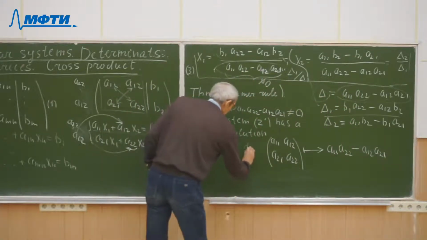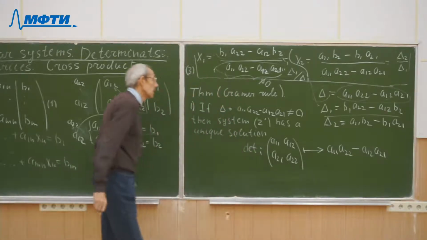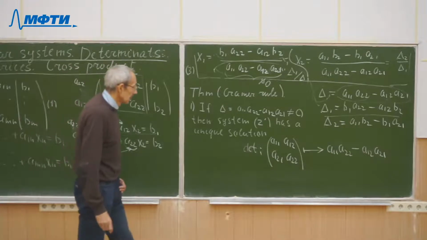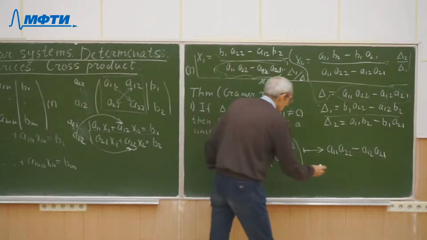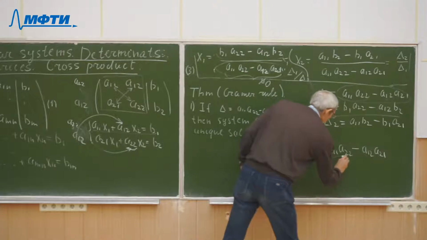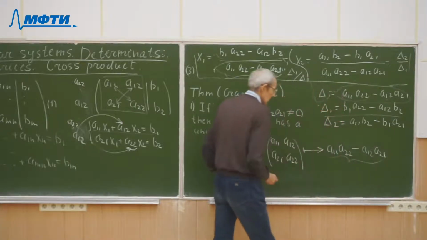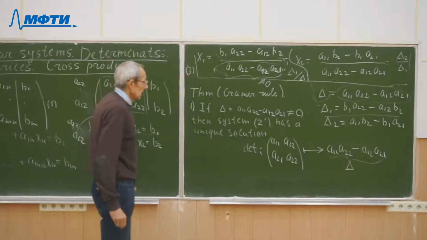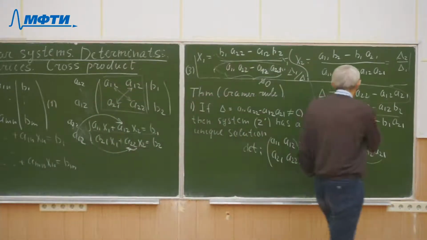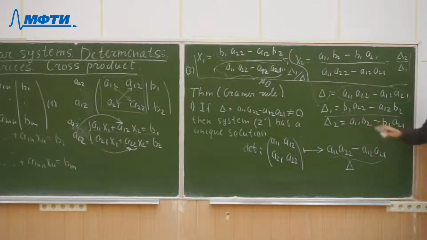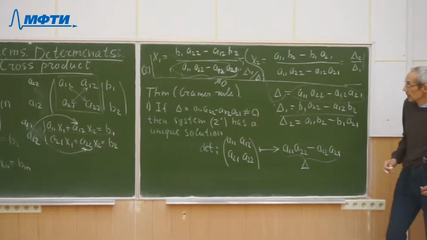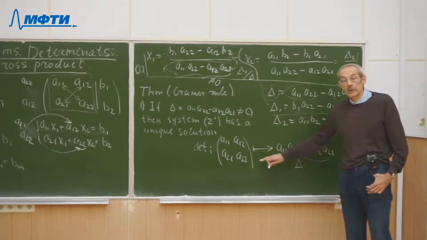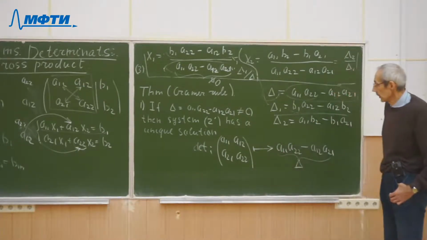And this operation is called determinant. And we'll denote this expression by delta. And it is easy to see the expression for delta 1 can be obtained in the same way.